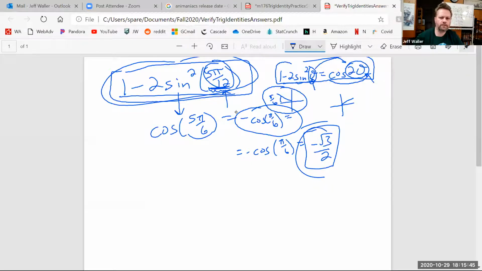Now, we did do one like this. Sine of, do you remember this? We did one just like this. Inverse tangent of 2/5 minus inverse cosine of 7/11 or something. Who cares, right? We did do one like this.